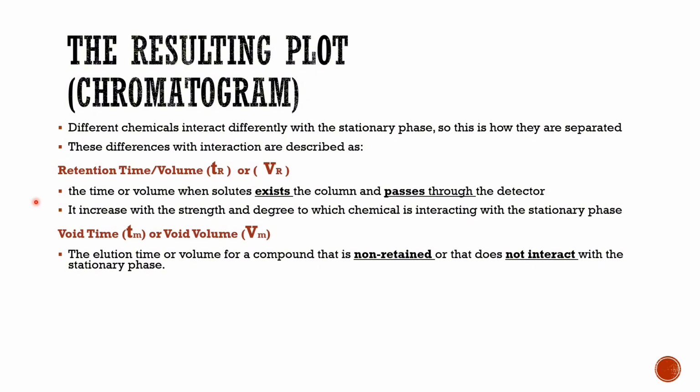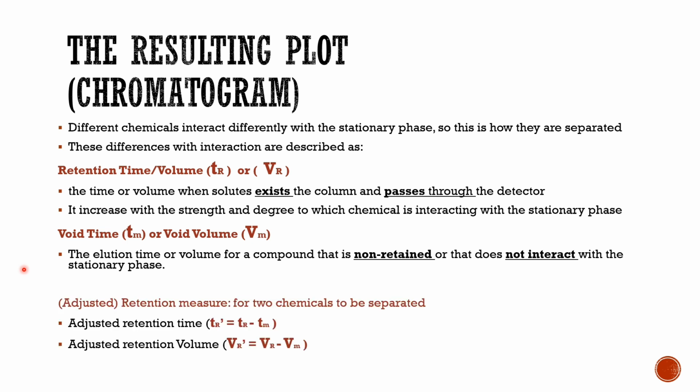It can increase with the increasing strength and degree to which the chemical interacts with the stationary phase, while void time is the elution time or volume for a compound that is not retained, or that does not interact with the stationary phase.